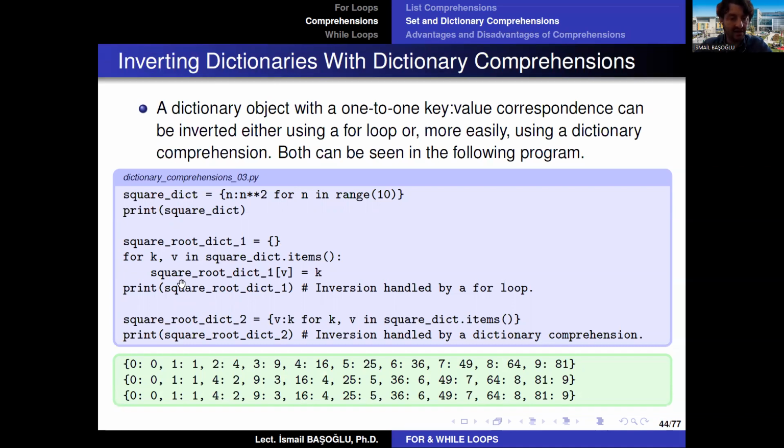If you do not create it, here the assignment will not work because we are searching for a V key in the square root dictionary here, but if the square root dictionary does not exist, then the for loop will not understand in which dictionary it is going to embed this key value pair in the V value and key form.